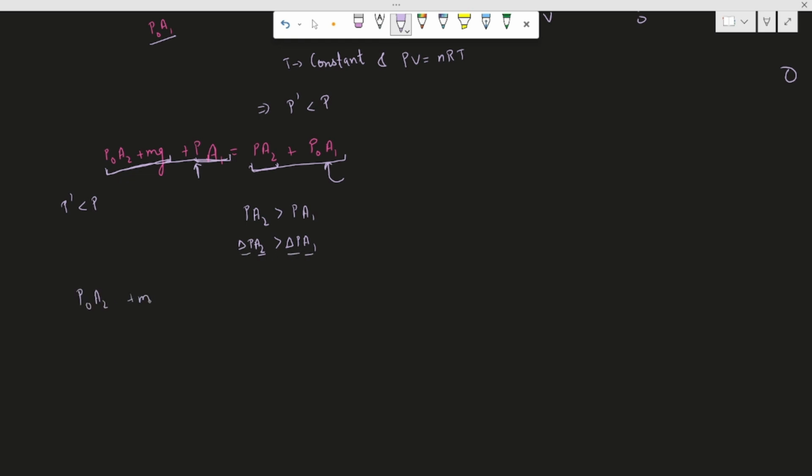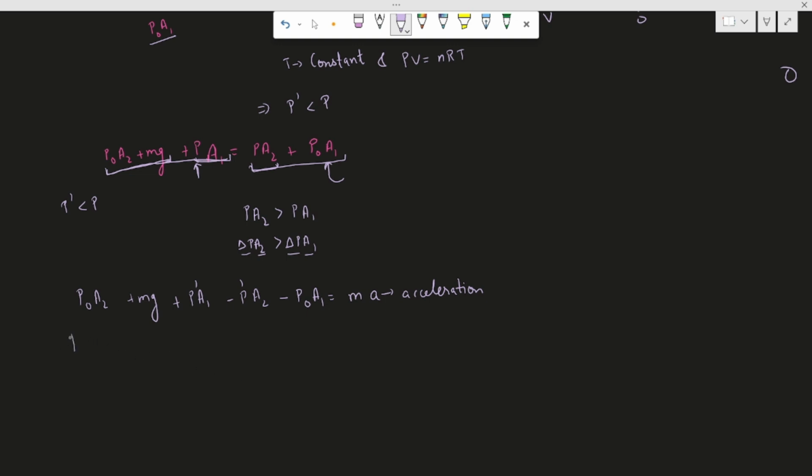So P naught A2 plus mg plus P dash A1 minus P dash A2 minus P naught A1 equals m into a. This a is acceleration. Fine. This is the dynamic equation after displacement.